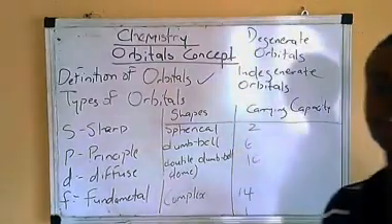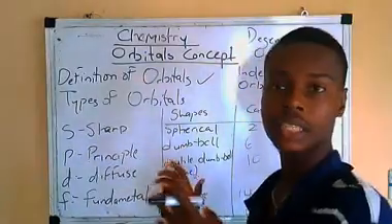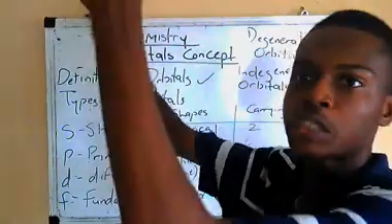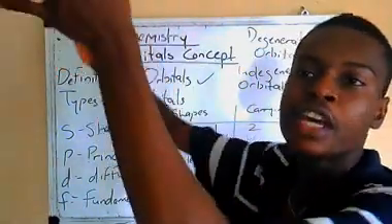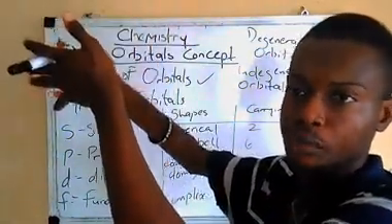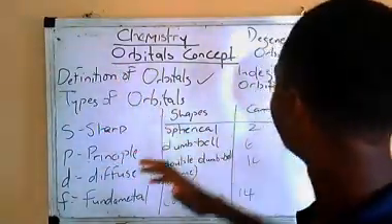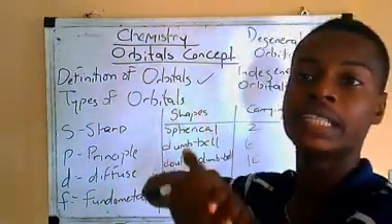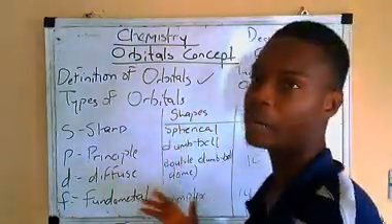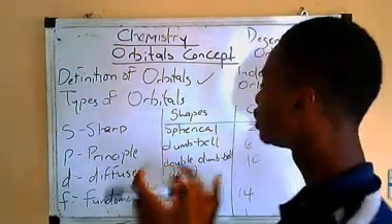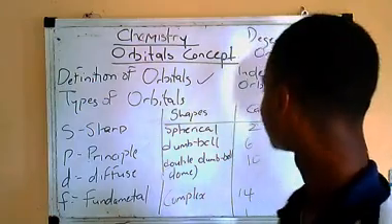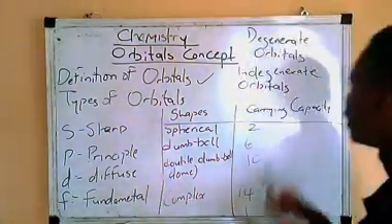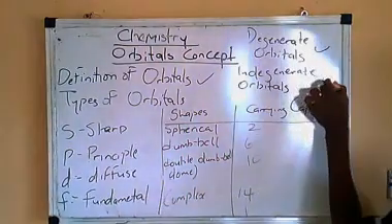What are degenerate orbitals? These are orbitals that can be split into different parts, and when split they have equal amounts of electrons. Indegenerate orbitals are orbitals that cannot be split into different parts.